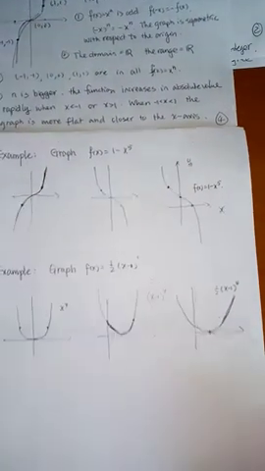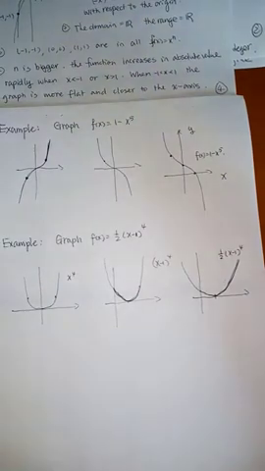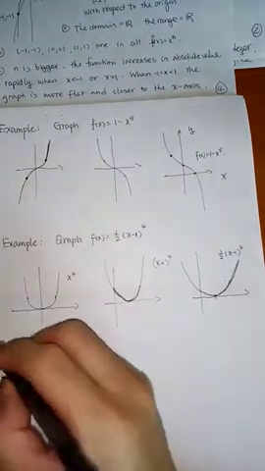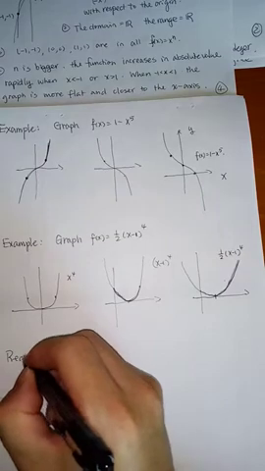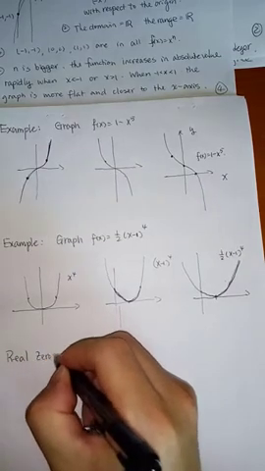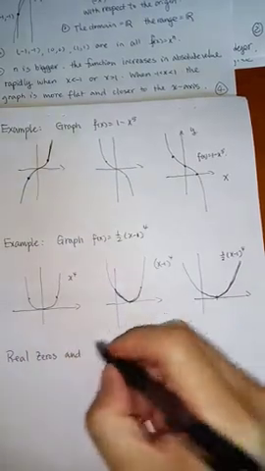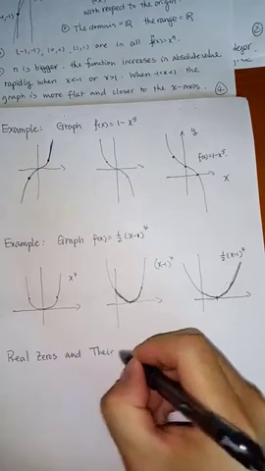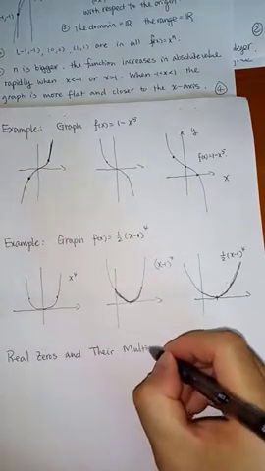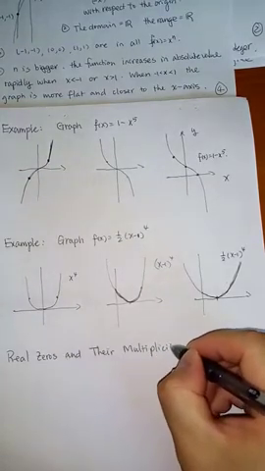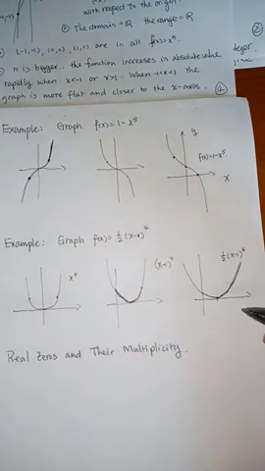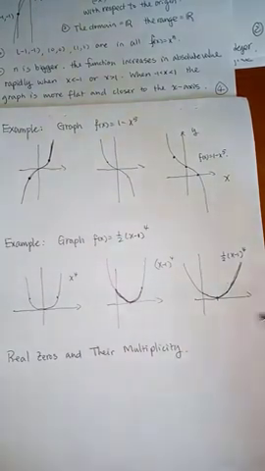Okay, and next we're going to try to identify the real zeros of a polynomial and the multiplicity. So what is a real zero and the multiplicity? What is a zero?